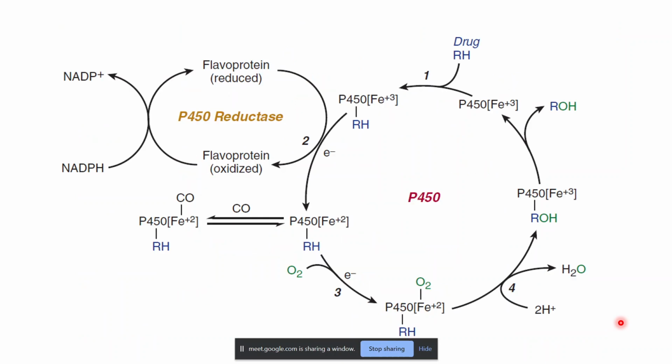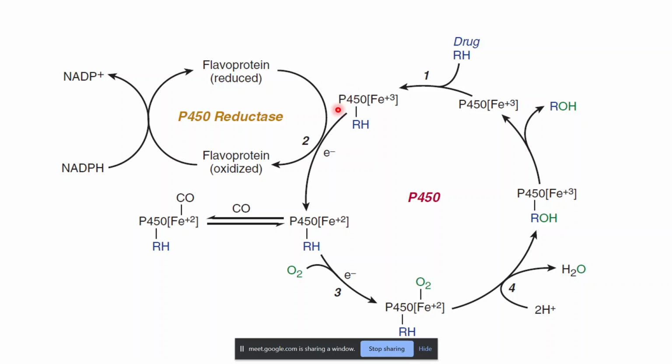So this is the schematic representation of the reactions that occur in this process. So this is a cyclic process. So the first step, the oxidized P450 is combined with the drug and forms the complex.